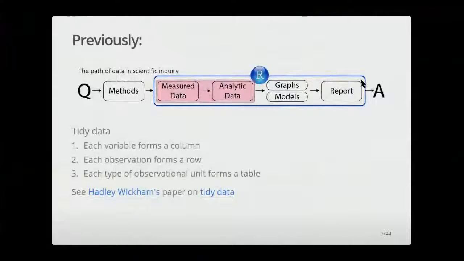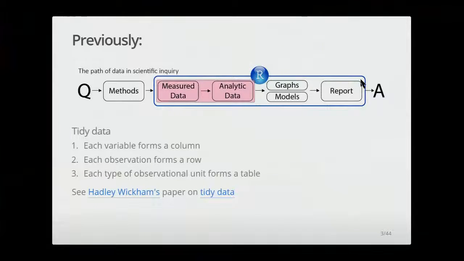Previously, I talked about this flow of data through a research process, right? We talked about this starting with a question and arriving at an answer and going through several steps of data processes and analysis. In particular, we looked at the process of making data tidy.